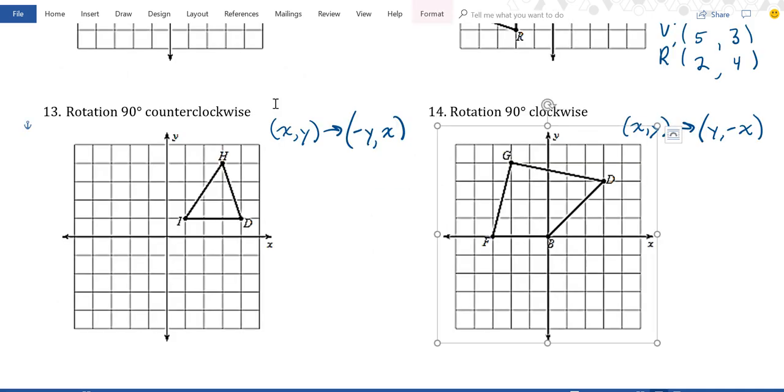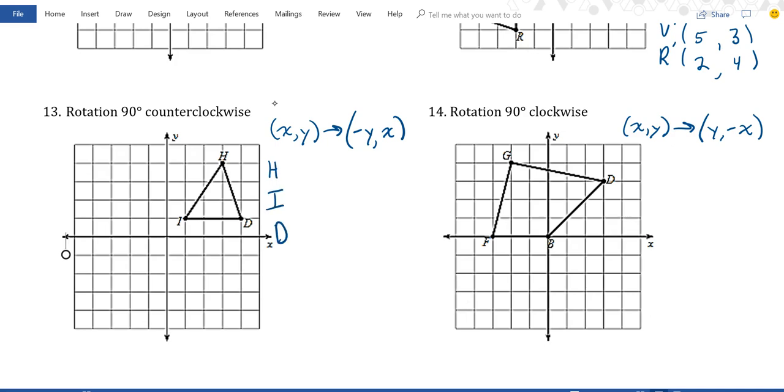So again, writing out all of our points. So we do H, I, D. In this one we have 4 points, but we're doing the problem the same.